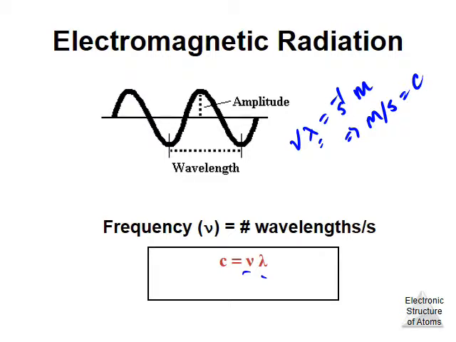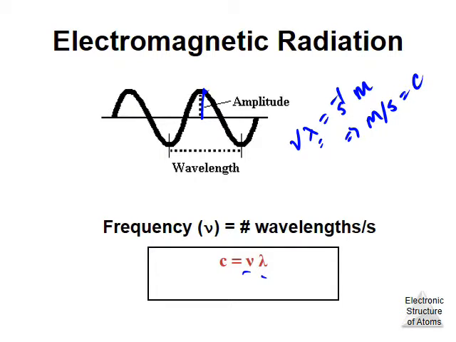Now, if you look at a wave, the distance from the peak of the wave to the equilibrium line is called amplitude. That's the maximum displacement from that equilibrium line, which passes through the middle of these waves.